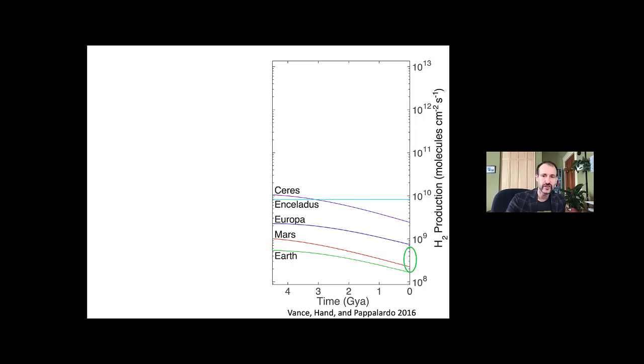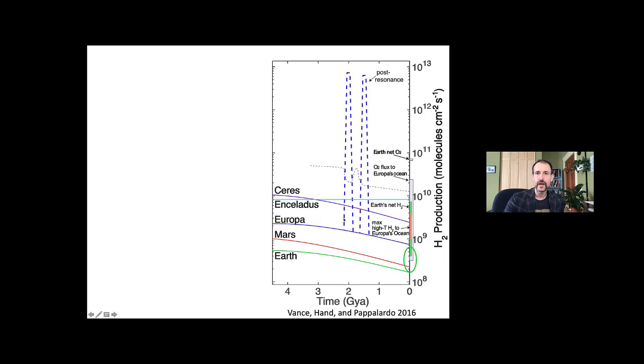But we can overprint that. So here are our estimates that I showed you earlier for the current range of hydrogen fluxes for Earth, and here are those same oxidant fluxes I showed you earlier. So just emphasizing this all matches up with what I showed you earlier. But we can overprint that pulse of heat that I showed you earlier from that Hussmann work, and we can imagine that perhaps there was some post-resonance output of hydrogen.